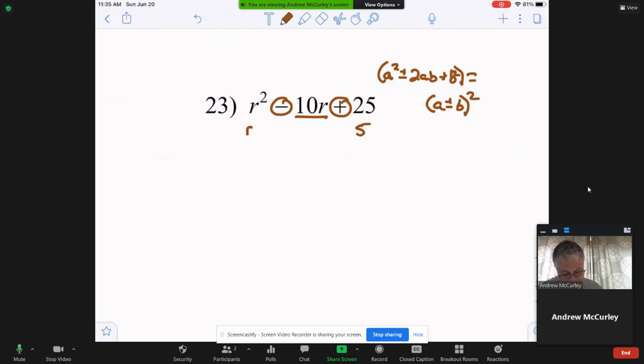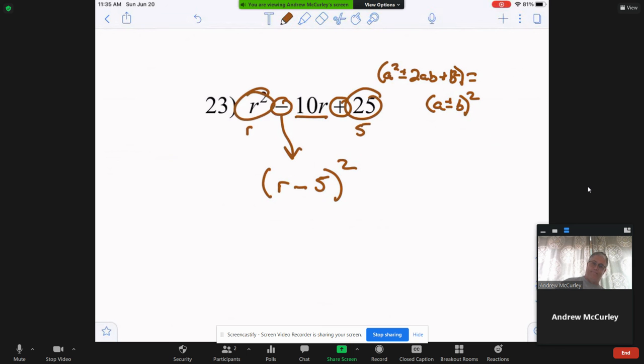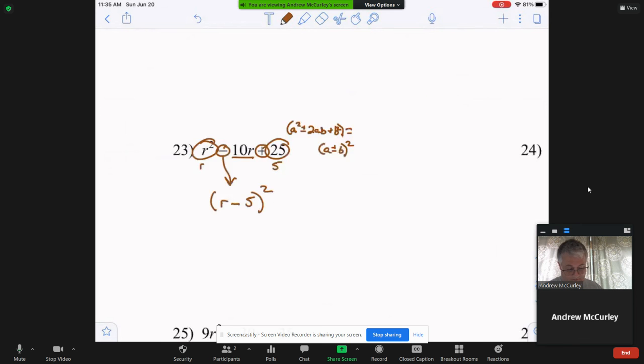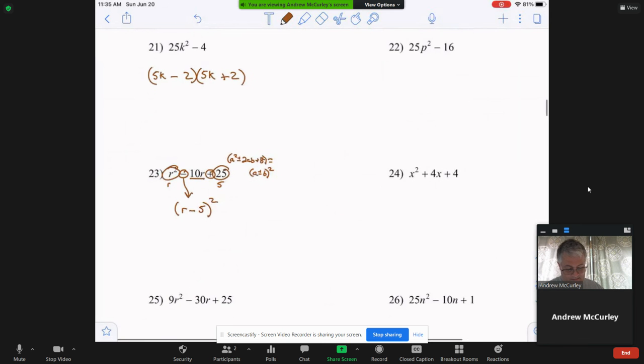So when this factors, I know right away that's going to be r minus, because that's a minus, 5 quantity squared. The square root of 25 is 5. The square root of r squared is r. If it fits that pattern. If it doesn't, if that 10 was a 9, doesn't fit. Doesn't fit.